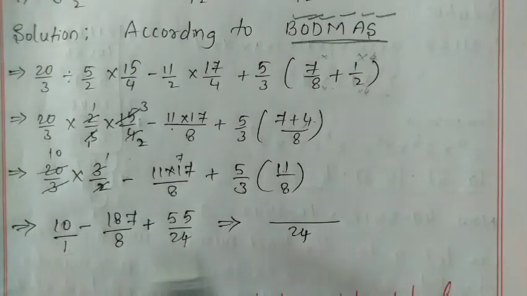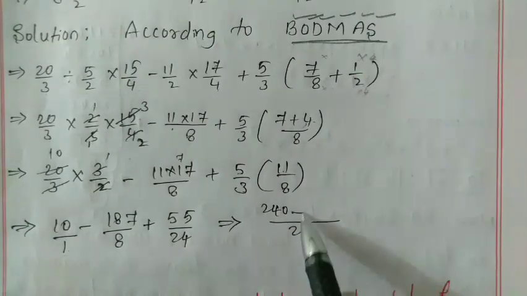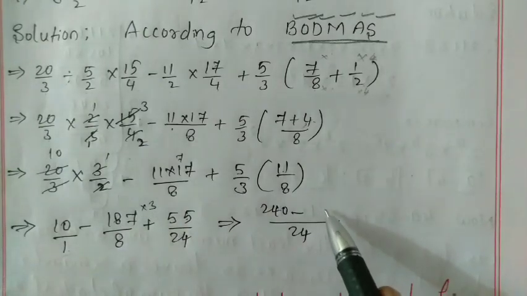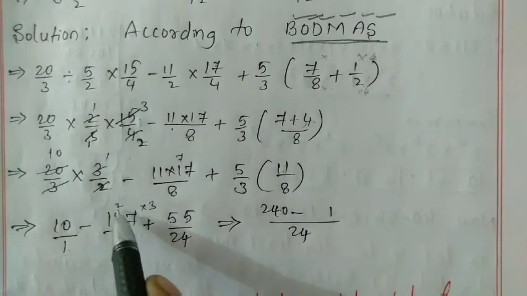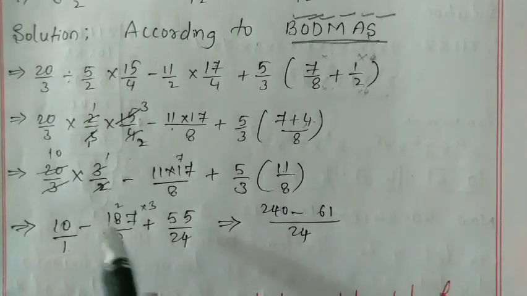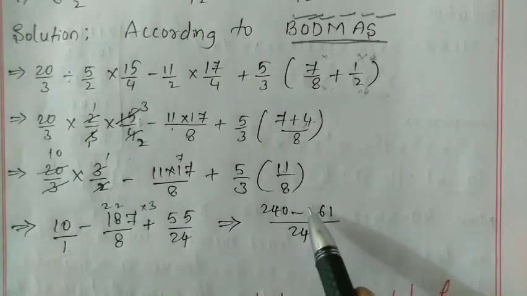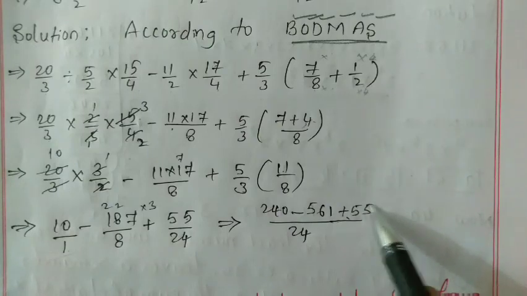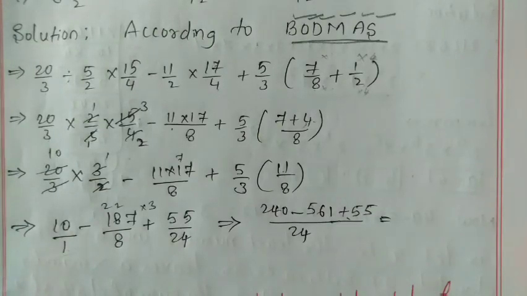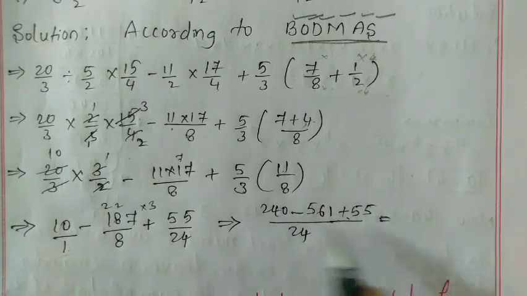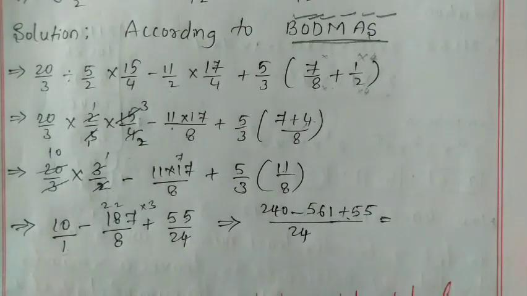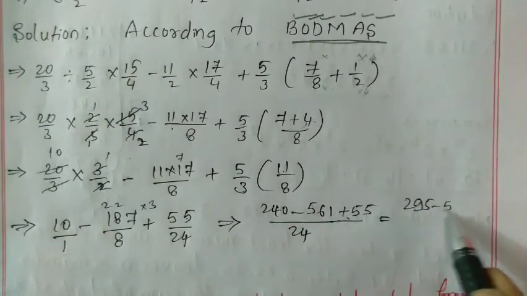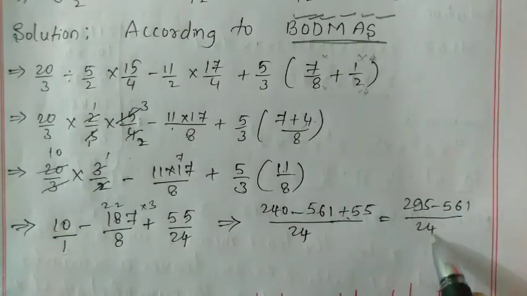So 1 how much is 24? 1 times 24 is 24, 24 into 10 is 240, minus 187, you can multiply this also by 3. 3 sevens are 21 carry 2, 3 eights are 24 plus 2 is 26 carry 2, 3 ones are 3 plus 2 is 5, plus 24 ones are 24, means 55 ones are 55 you can write. You can add here 240 and 55. Then this is 295. So you can write here 295 minus 561 divided by 24.